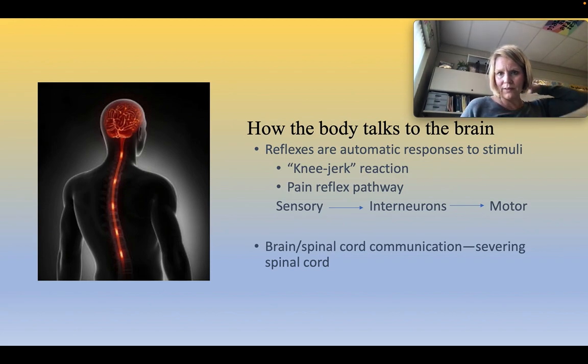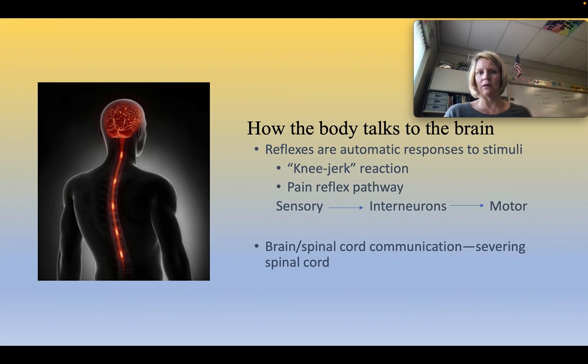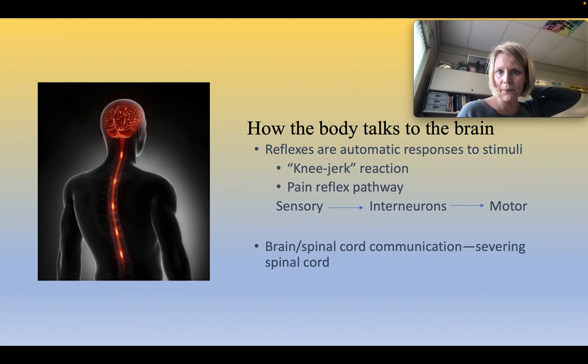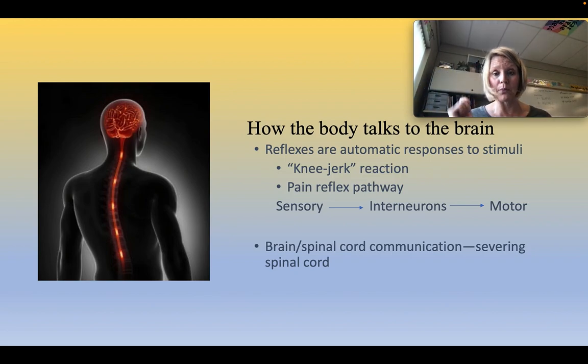So let's say we have a spinal cord injury pretty high up on our spinal cord. All of the sensation, all of the stimulation that we should have from that point down, we don't have feeling. We don't have that sensation. That stimuli is not getting up to our brain.